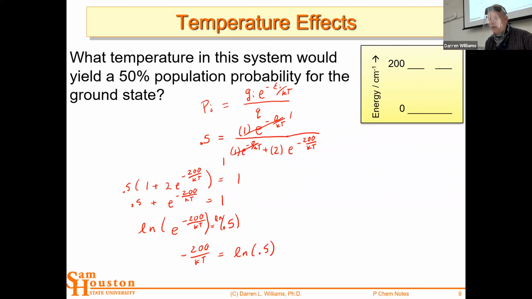And so now we can move things around. Let's start back over here. I've moved temperature over to the right. I'm going to move the natural log over to the left. So we have a minus 200 over k ln 0.5.